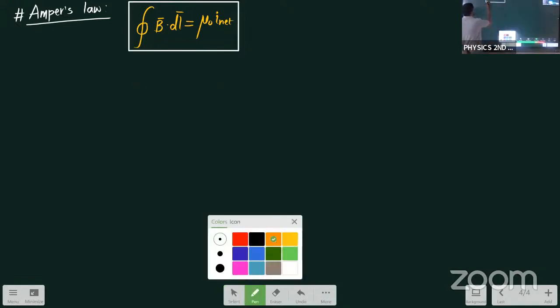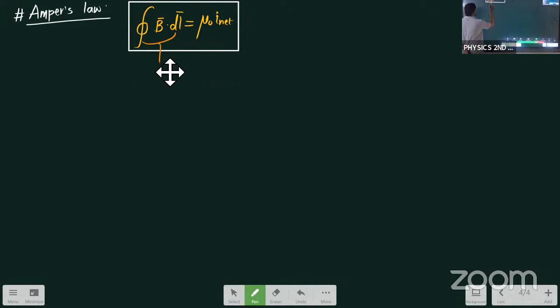See here, there is an integral, and the length element is there. This is called the line integral. Line integral of which field? Of which physical quantity? Magnetic field. Line integral of magnetic field.